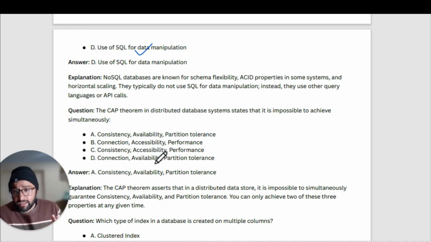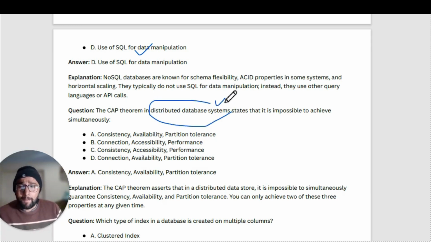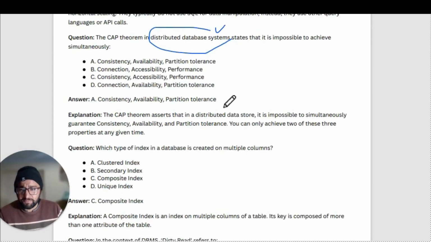This theorem says that we can't achieve these three properties at a time in any sort of distributed data system. So what is a distributed database system? It is a form of database system which is located in various geographical locations in real life. So that sort of database system is a distributed database system.